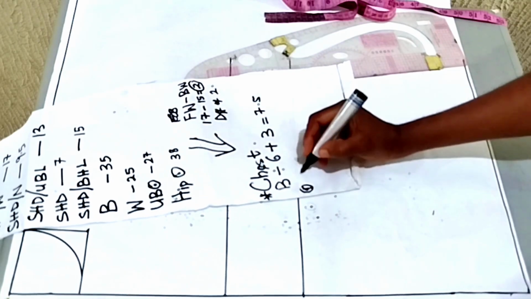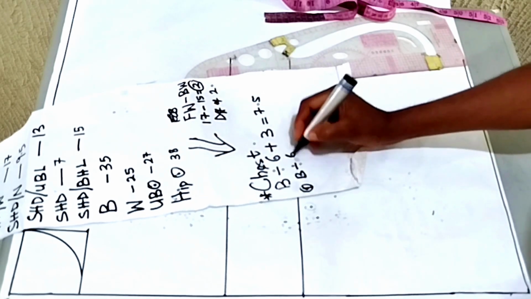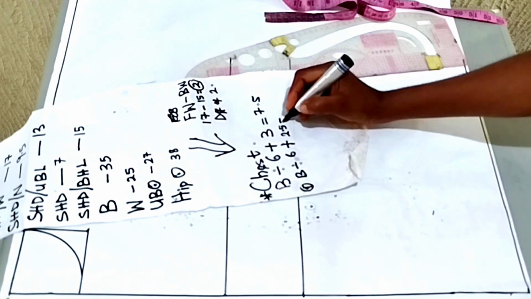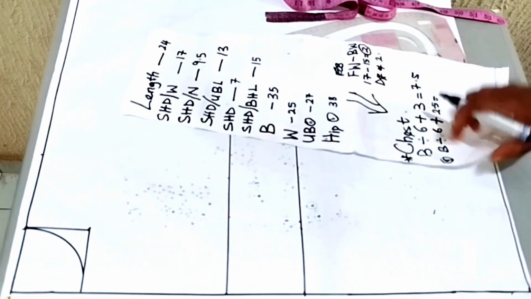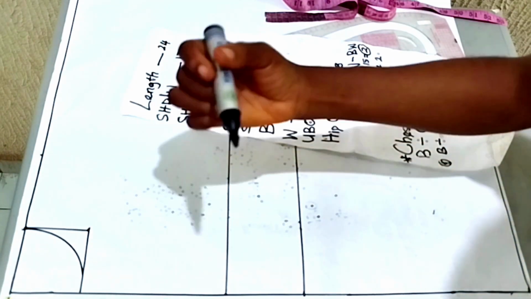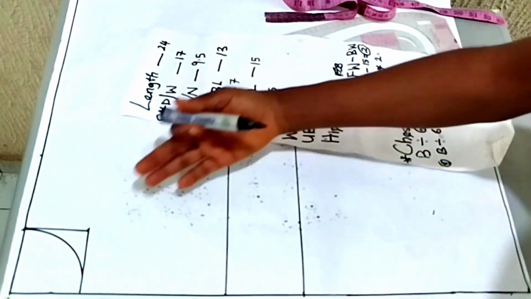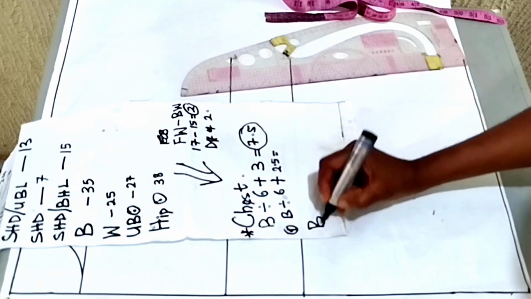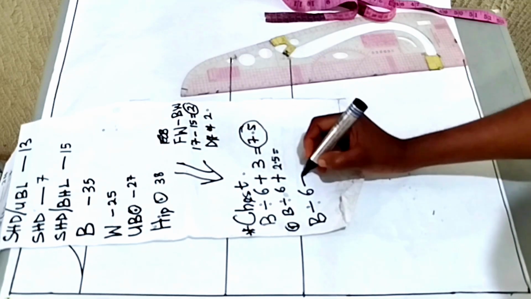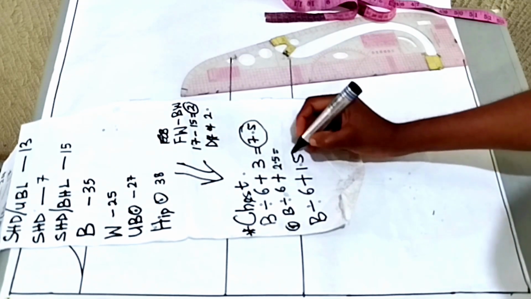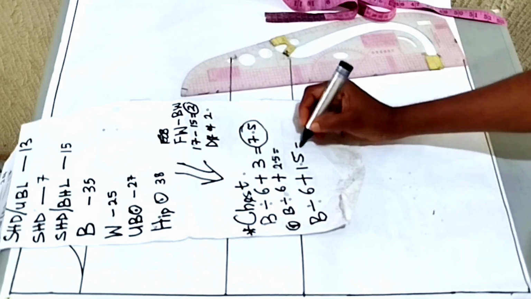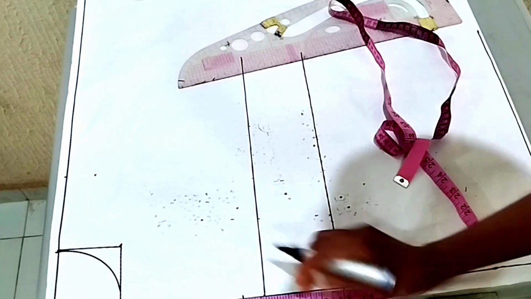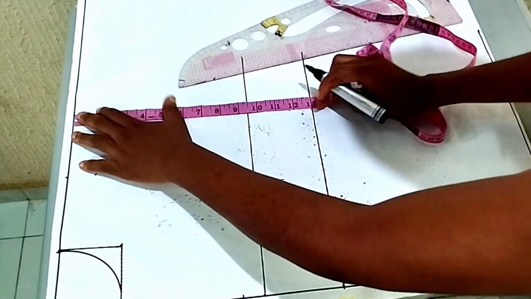And then the second formula is, if I am to slope down by 1.5 inches, then I'll do my bust divided by 6 plus 3 inches, which is 8.5. This 8.5, make sure you mark it before sloping down. Or if you are going to slope down by 1 inch, then do bust divided by 6 plus 2.5 inches.